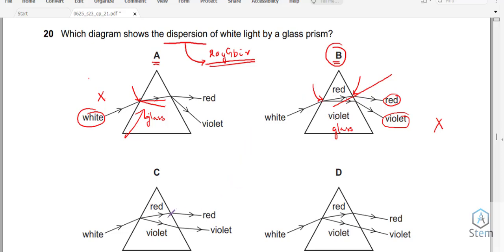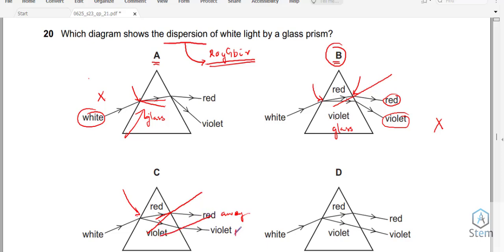Let's see D. What is happening to D? We can clearly see there is separation of colors there, red and violet, which is a good thing. But if we come here, red light is moving away, and let's see blue light.